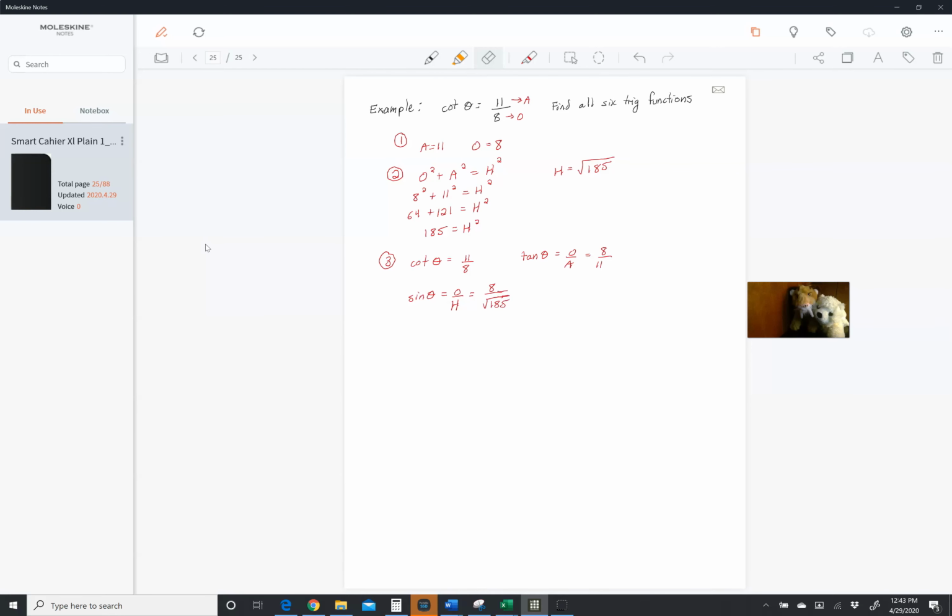But we have to rationalize our denominator. So we have to multiply both the top and the bottom by the square root of 185. So on top, we just get 8 times the square root of 185. We already know square root of 185 can't be simplified.